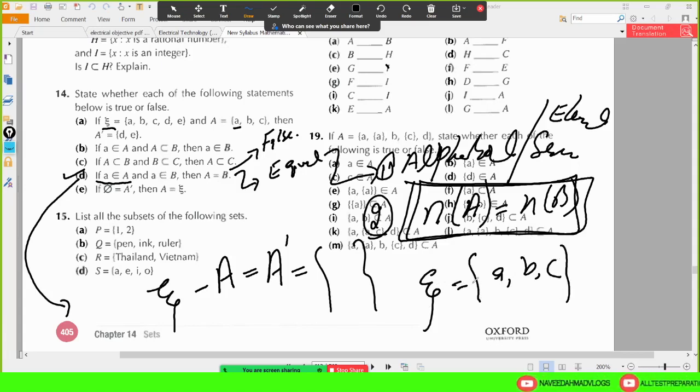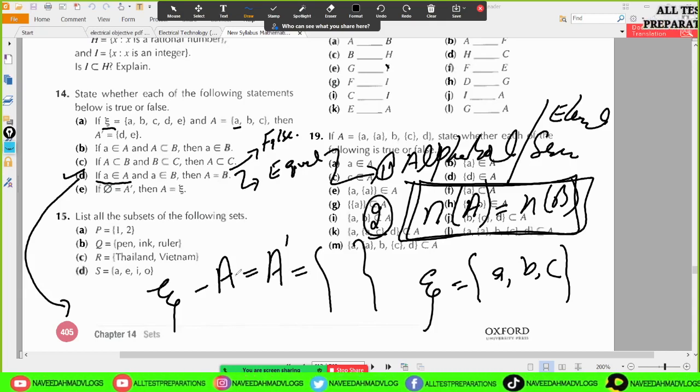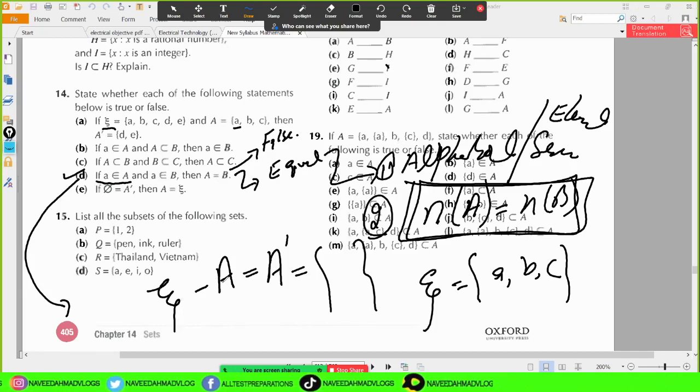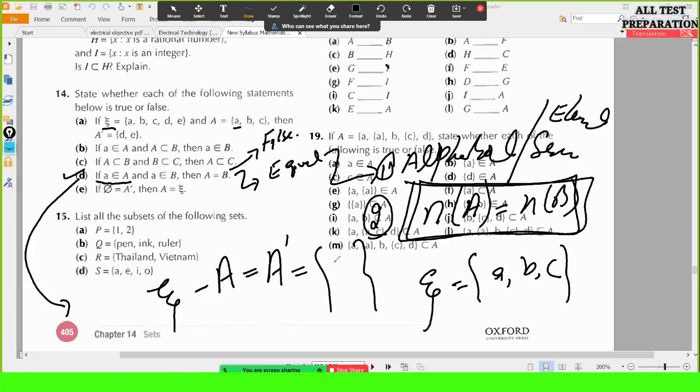If epsilon is equal to ABC, then epsilon minus A will be equal to A bar. So it means that in this set you will write those elements of epsilon which are not elements of set A. In this case ABC are elements of epsilon which are also elements of set A. So here there is no different element that you can write. So in this case your A bar will be equal to the empty set.